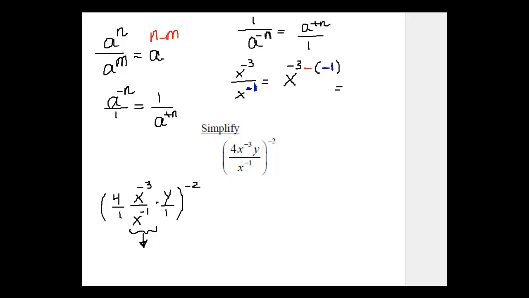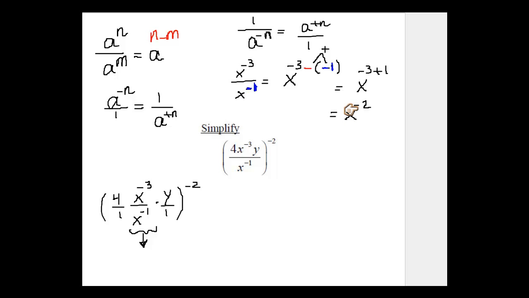This would be x to the power of minus 3. This would be negative, and negative would be positive, right? Positive 1. That's one way to look at it. That would be x to the power of negative 3 plus 1, which would be equal to x to the power of negative 2. Okay? So x to the power of negative 3 over x to the power of negative 1, using this property, gives me x to the power of negative 2.